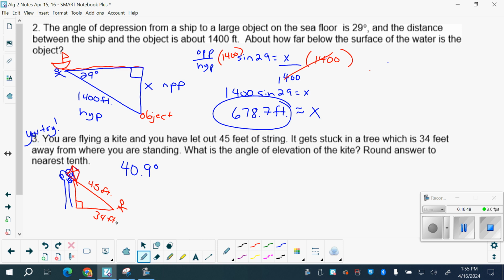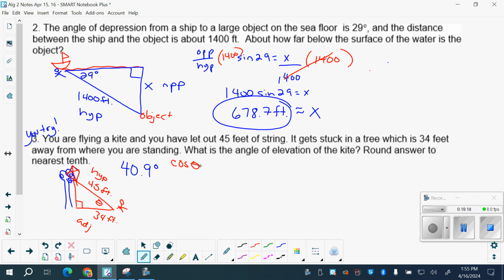Does that make sense? So my angle of elevation is with my horizontal, which is here. So it's this angle here. So we are finding 34 is what in relationship to that? It is adjacent. The 45 is the hypotenuse. So it's cosine. Once again, please just sit quietly while I'm explaining this.